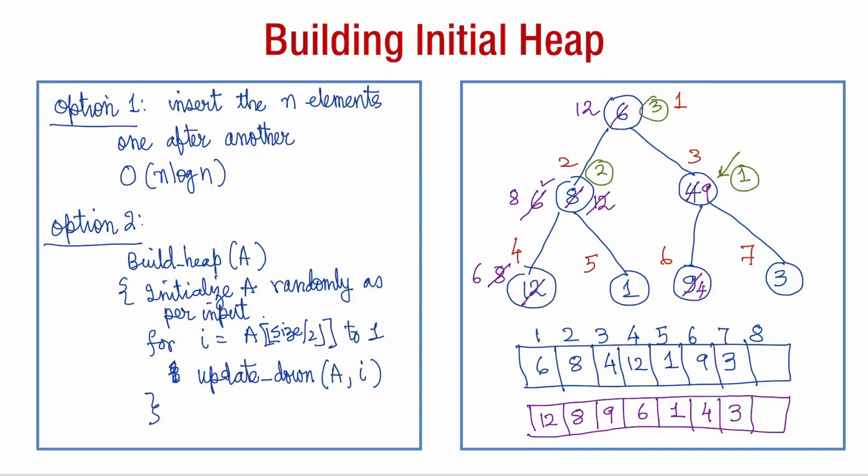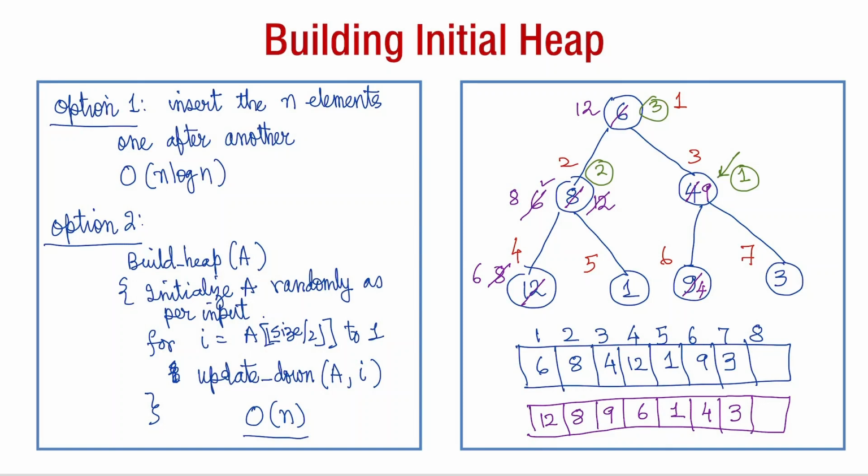So I will iteratively do an update down AI, and it is easy to see that this algorithm will be of order n complexity. Why? Looking at it from below, the leaves are at level 0, and those at level 1 see height 1.